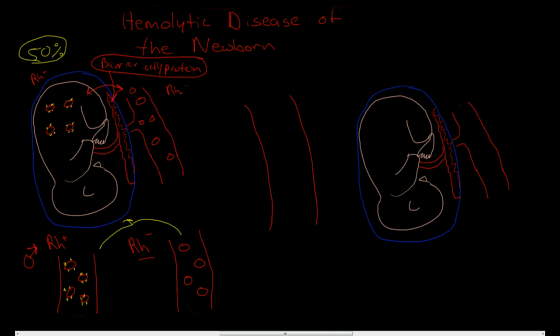However, during the process of birth, this placenta blood barrier is broken down. And as the baby is born, some of this baby's blood is going to get into the mother's bloodstream.